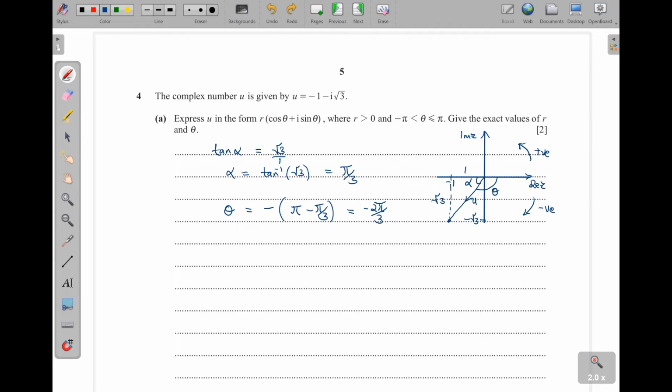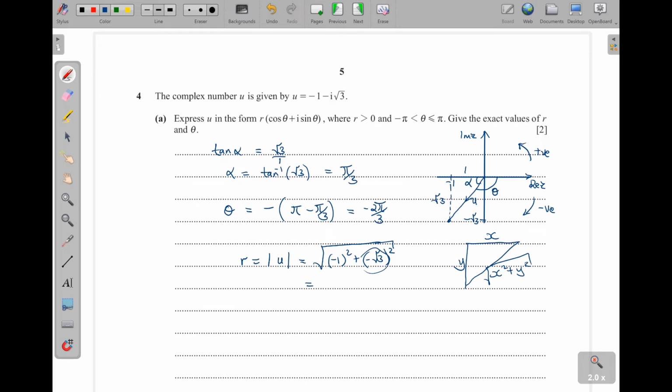Now how about the r? R is the modulus. What is the length of this one here? Already this one here is a right-angled triangle, so you have this as the x and this as the y. The length has to be the square root of x squared plus y squared. So we are going to have r, which is equal to the modulus of u, the square root of -1 squared plus the -√3 also squared.